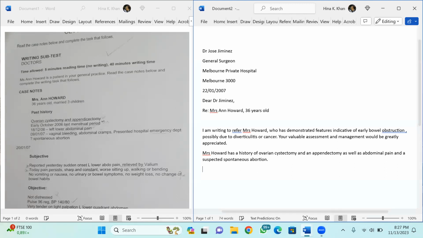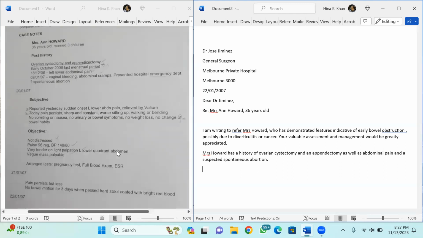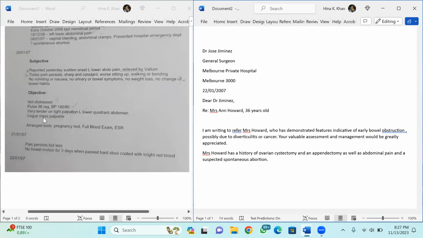Okay, now I will start with the first visit. Now her first visit was, she visited on this date, and she was having this lower abdominal pain, which was worse on movements. And she was having this pain a day before she visited the doctor, or she visited me, and today also she's having this pain.